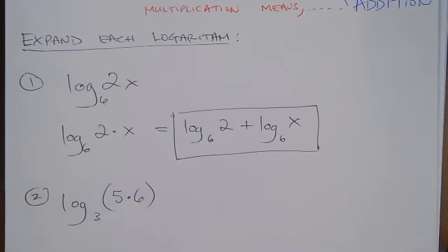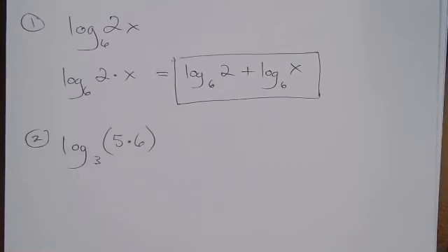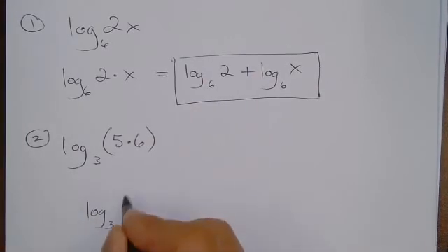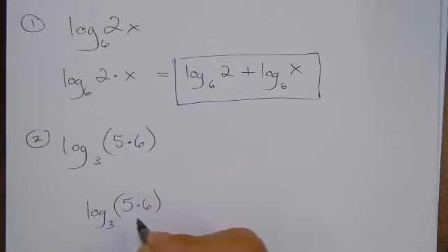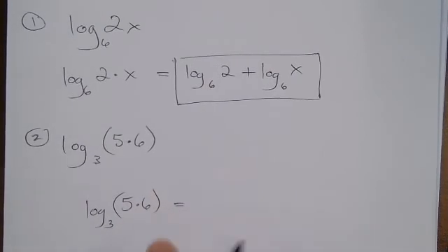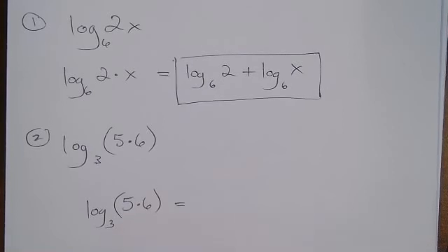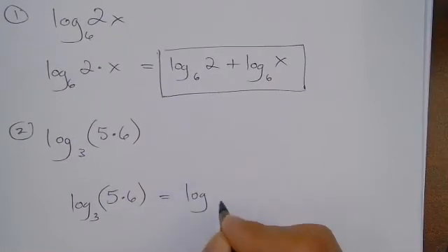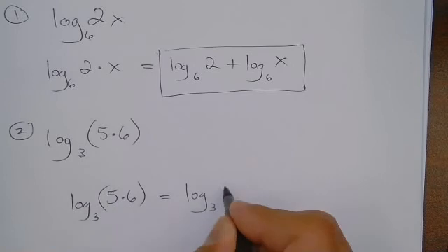Okay, number 2. What if I have log base 3 of 5 times 6? Well, log base 3 of 5 times 6, what does that expand to be? Well, multiplication does not mean to multiply.